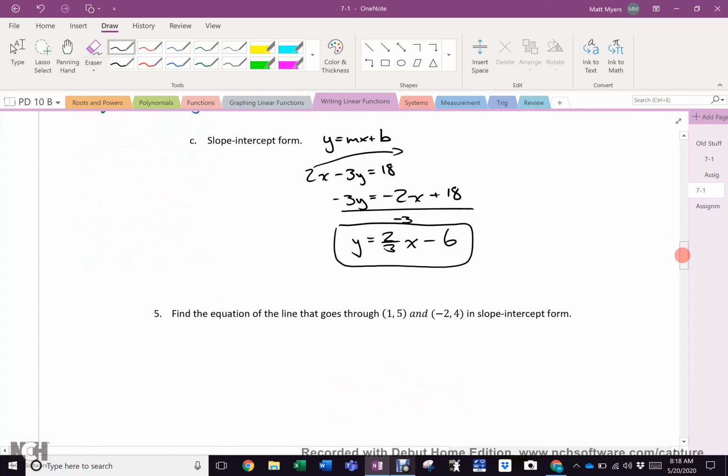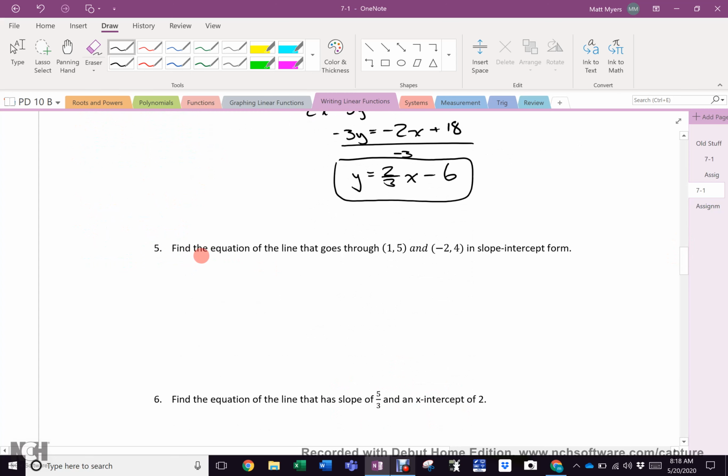There's nothing to it. So now I want the equation of this line, but I want it in slope-intercept form. Now I look at that, and what do I see? I see that I have no slope. But I know that slope equals y2 minus y1 over x2 minus x1. Well, there's an x, there's an x, there's a y, there's a y.